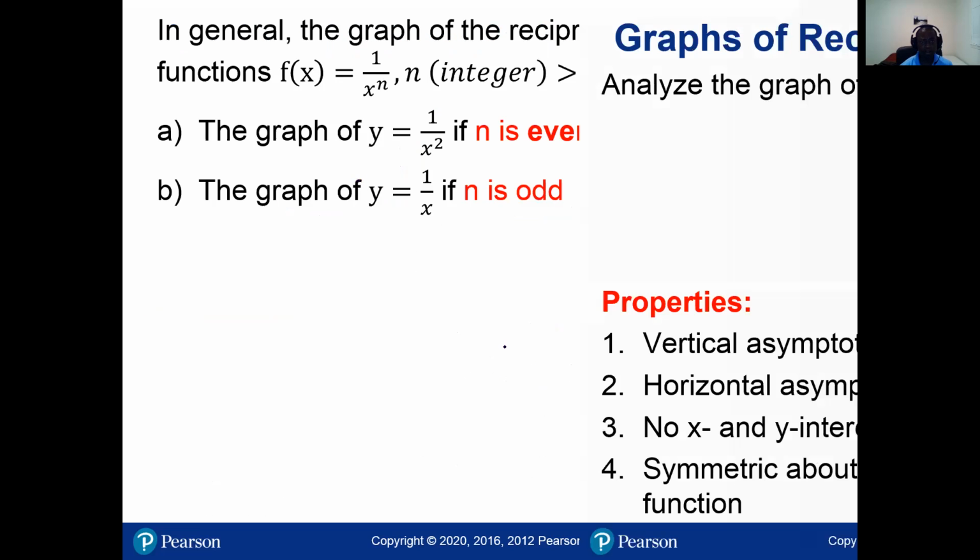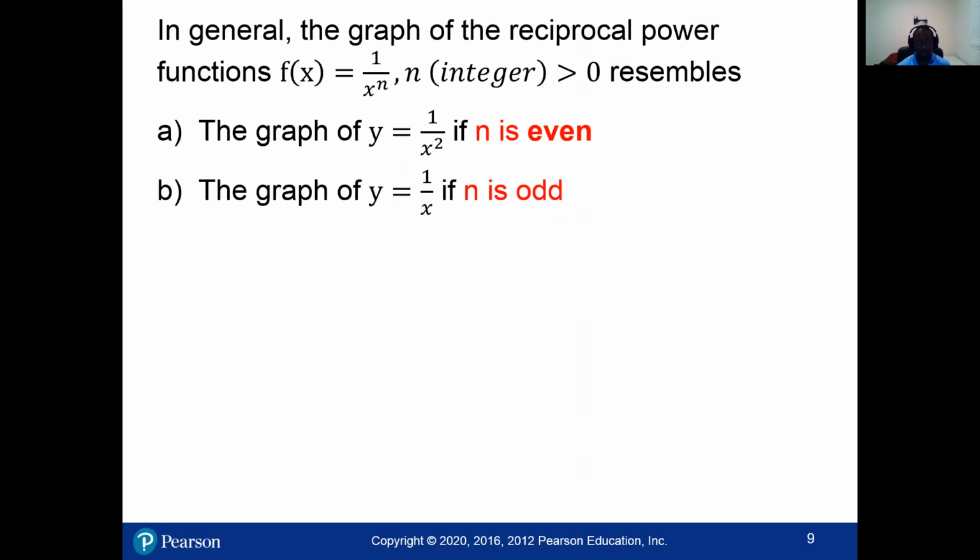Now, in general, for any reciprocal function or power function 1 over x raised to n, where n is an integer greater than 0, if n is even, the graph resembles the graph of 1 over x squared.